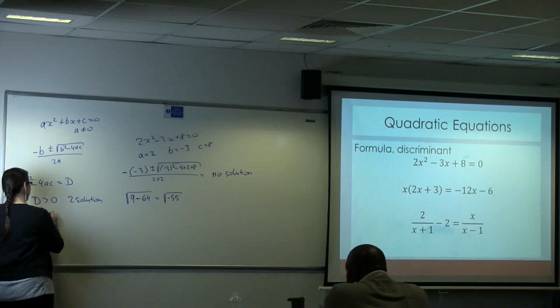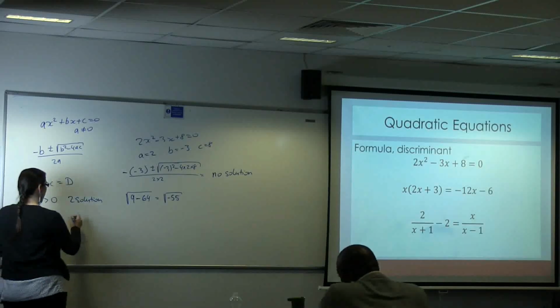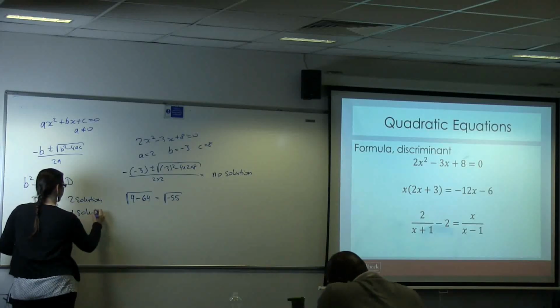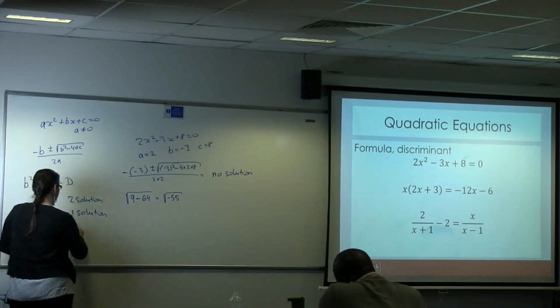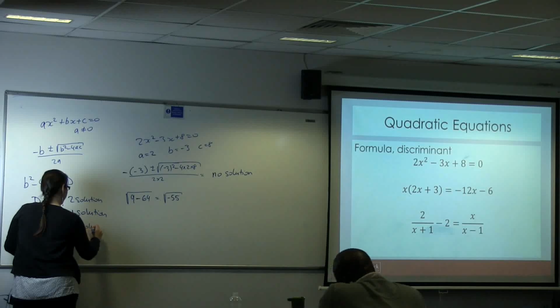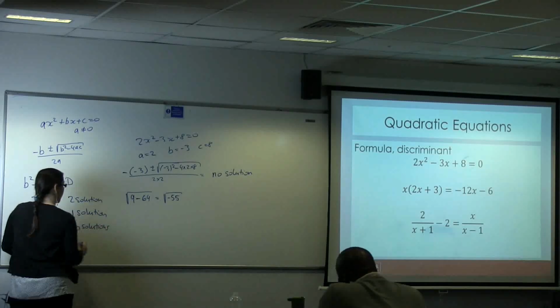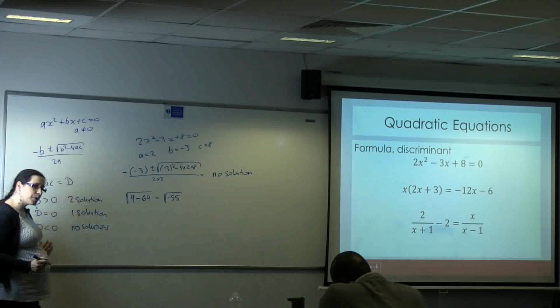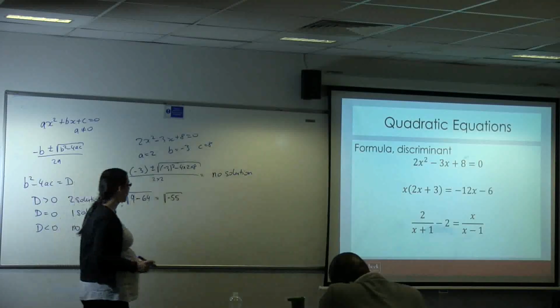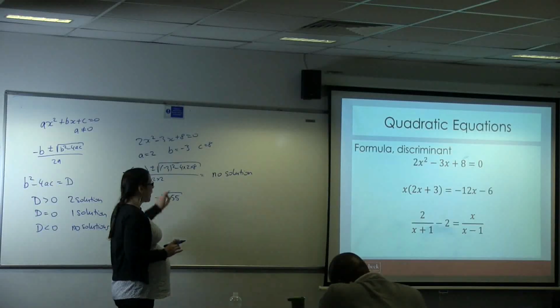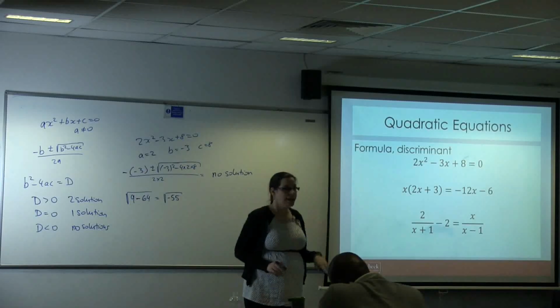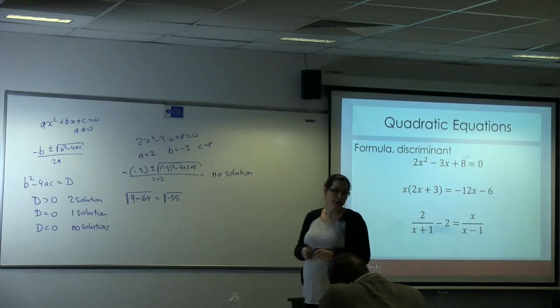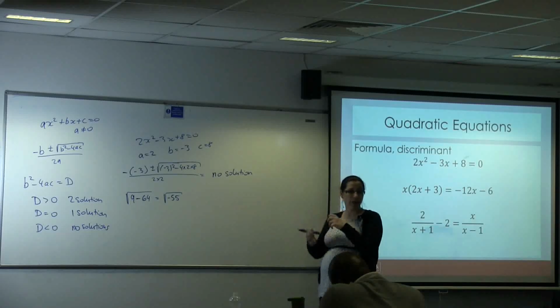If the discriminant is exactly 0, I have got one solution. And if the discriminant is negative, I have got no solutions. In most cases, we don't really bother about looking at the discriminant. But if you end up having errors, then it is likely that the discriminant is negative. So you go back and check.